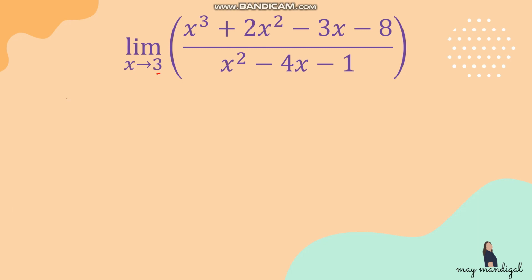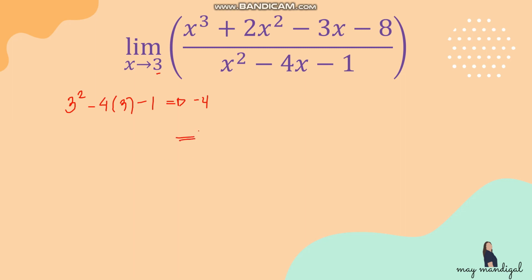So we have 3 squared minus 4 times 3 minus 1. If we simplify this, that will be 9 minus 12 minus 1, which is just equal to negative 4. Since there is a value, that means 3 is part of the domain of this rational function. So we can do direct substitution. So let's evaluate the whole function.